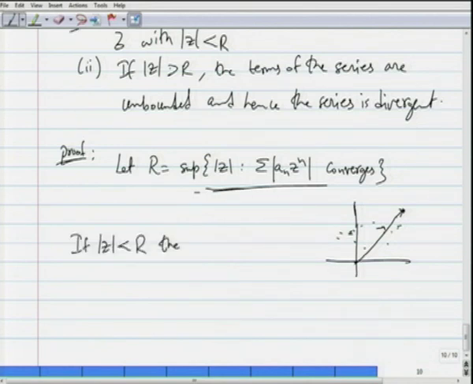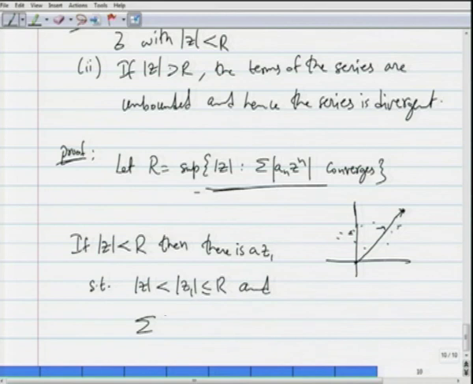So, if the modulus of z is strictly less than R, then since R is the supremum of this particular set above, there is a z1 such that modulus of z is less than modulus of z1 less than or equal to R, and by definition of R, there is this z1 such that sigma a_n z1^n converges absolutely.